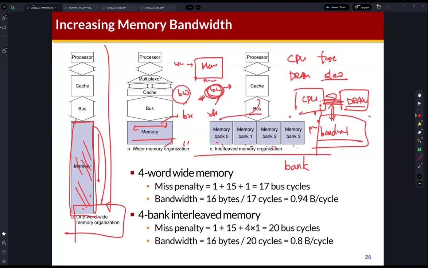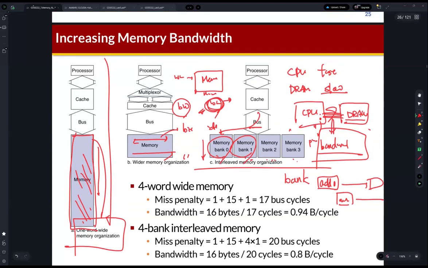We can give an address to bank 0, and then it will take time, right? So address 0, and then we need to wait this amount of time. Then we can give another address to another bank, right? Then we will wait this amount of time. Then we can also give another address to another bank.